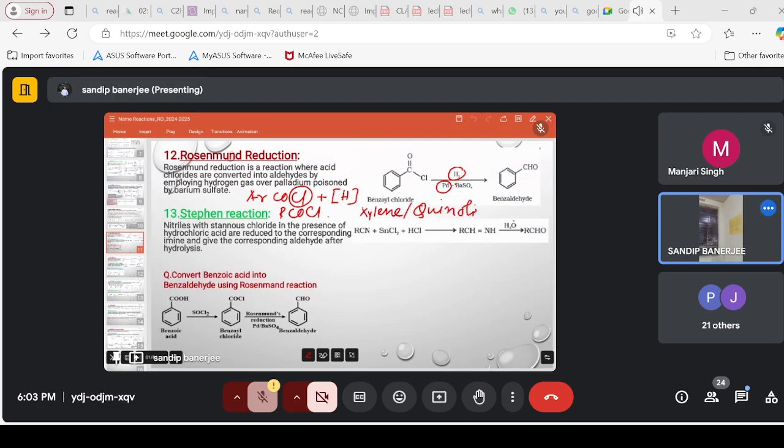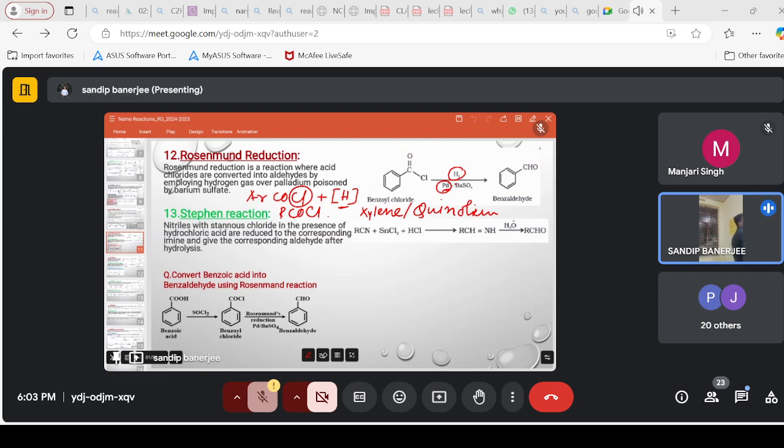Quinoline. So here this hydrogen is used directly with the palladium metal, because Rosenmund is nothing but a modified Lindlar, as you know. I think your chemistry teacher explained it properly. So this palladium produces this nascent hydrogen, which is crucial to break this polar COCl bond.